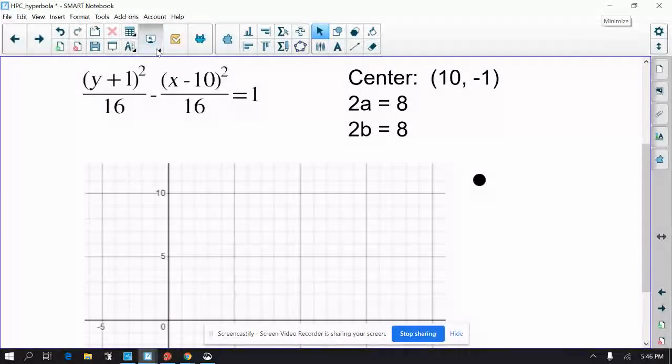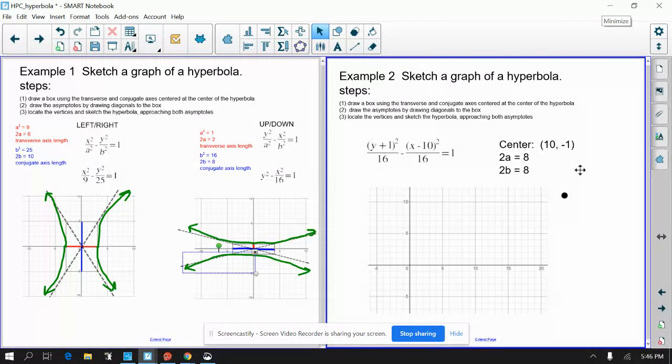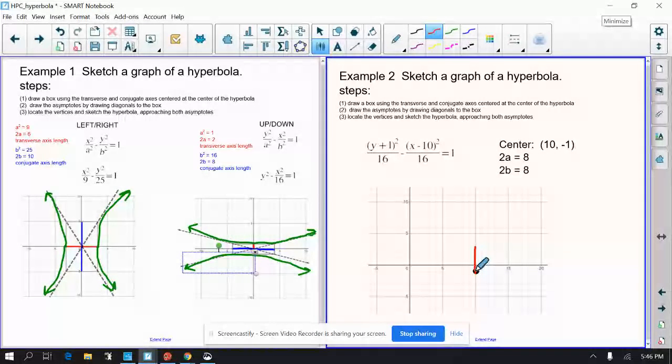First of all, let's open this up a bit. My center is (10, -1), so I just identify it with a little marker right there, and then try my best to draw first the transverse axis. The transverse axis is going up and down because Y is mentioned first. So from the center up 4, and from the center down 4.